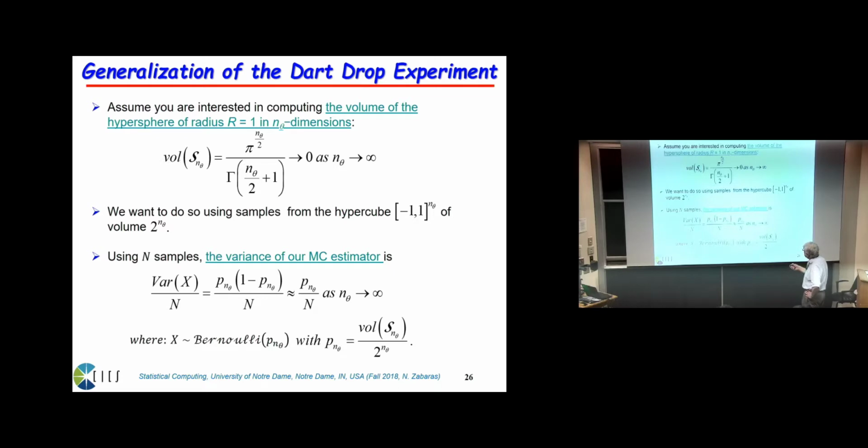And pi squared is way smaller than pi, so this is approximately pi over n. Let me give you what the exact pi is. The exact probability that you will hit the hypersphere is the volume of the hypersphere divided by 2 to the power n theta. And you know what happens, how big this probability is when n theta goes very high?